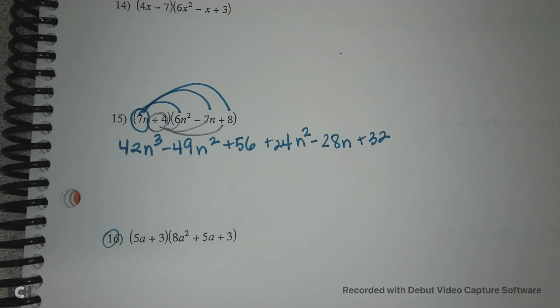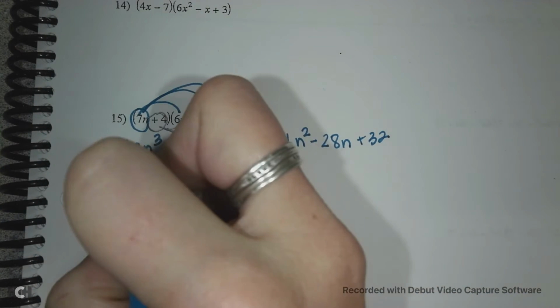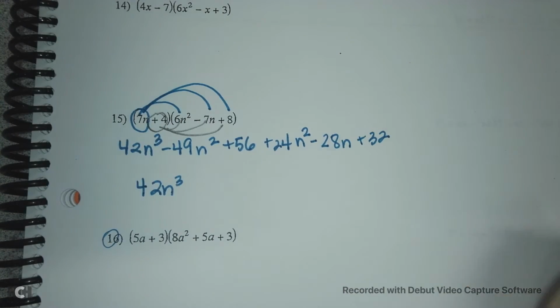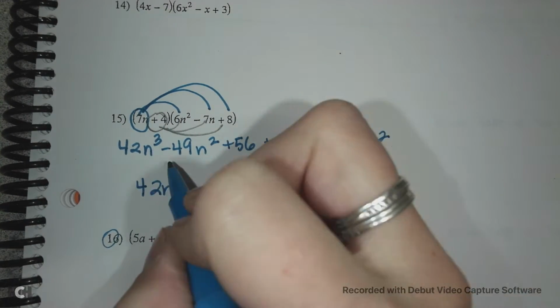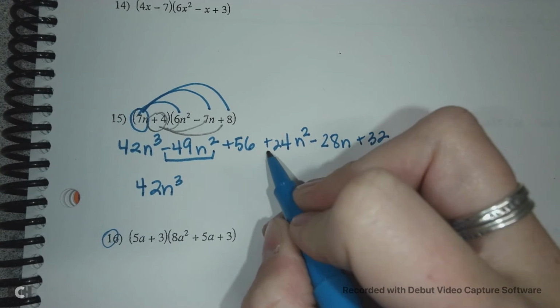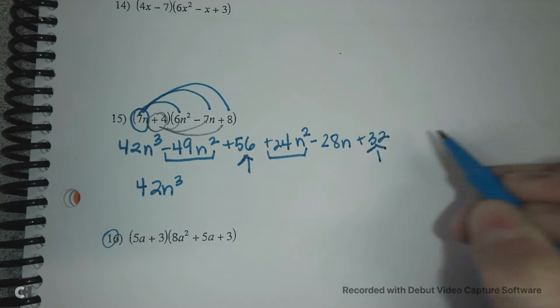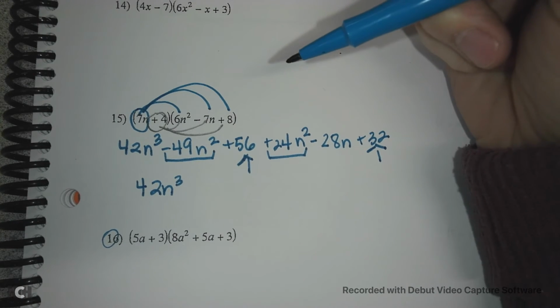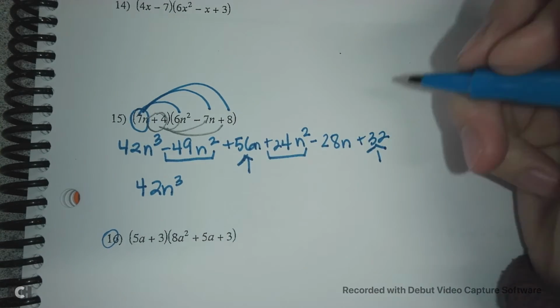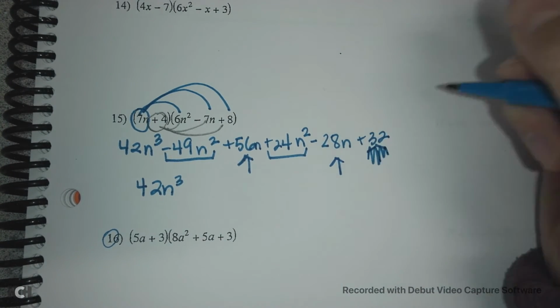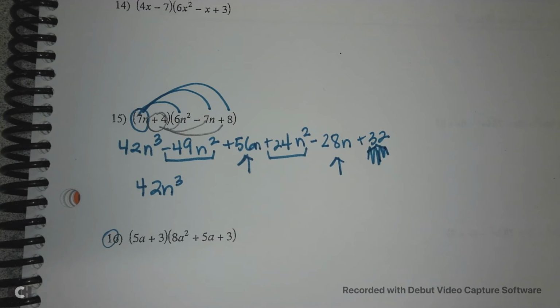Now we combine our like terms. I don't have a like term with my 42n cubed, so he just goes down there. I do have a like term with my n squareds and with my whole numbers. Wait, hold on. This guy should have an n. I was just kidding, not that one. My bad. Okay, so we're going to combine our like terms.